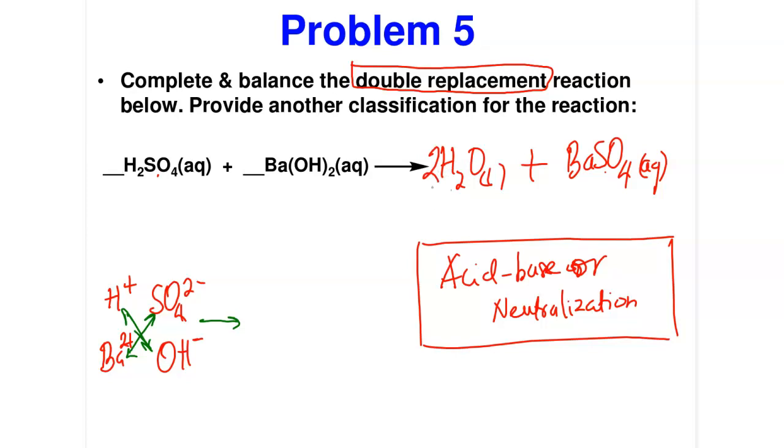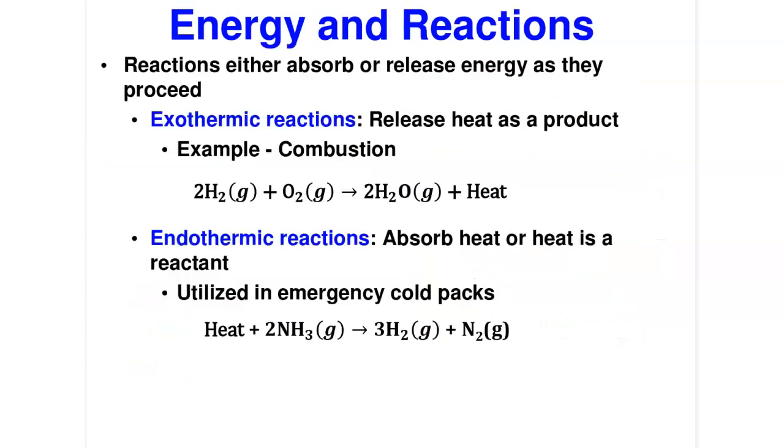Let's see if oxygen is balanced. Oxygen is 2 inside. Now oxygen is 2. This reaction is actually balanced at this point. So you can always put your 1 in front of these ones. The reaction is balanced. So this is an acid-base reaction, and we've predicted the products to be water and barium sulfate. The next problem. Now, the next question wants to tell us other ways we can classify reactions.